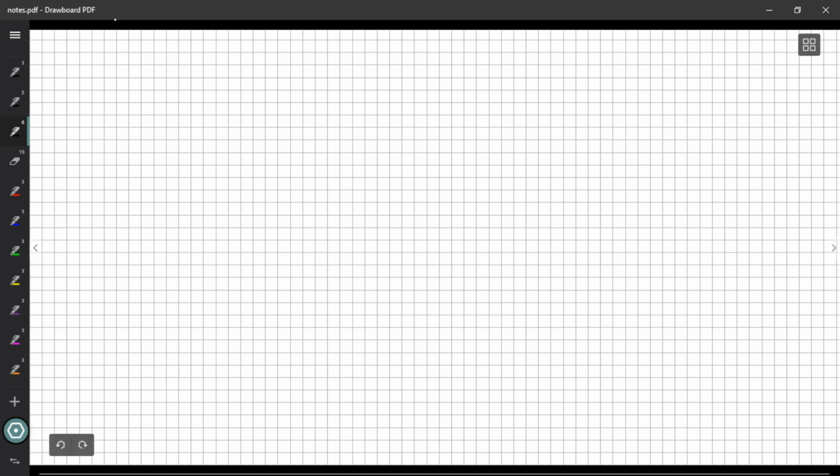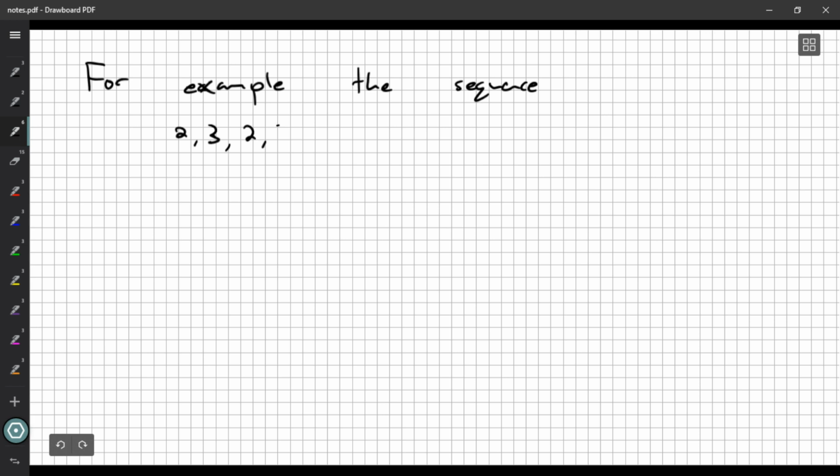So we could say, for example, sequence 2, 3, 2, 3, 2, 3. I think they get it by this point. Is bounded, but doesn't converge. Yeah, that's a great example.